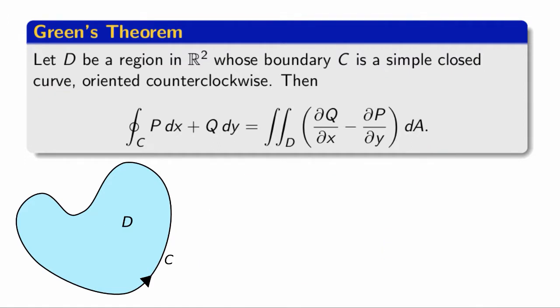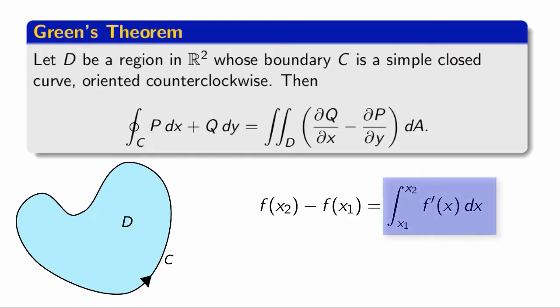I claimed earlier that Green's theorem is a generalization of the fundamental theorem of calculus, but at first glance this doesn't look much like it at all. But let's compare. On the right-hand side of the usual fundamental theorem of calculus, we have an integral of f prime over an entire interval. On the right-hand side of Green's theorem, we have a double integral over the entire region of a quantity involving derivatives.